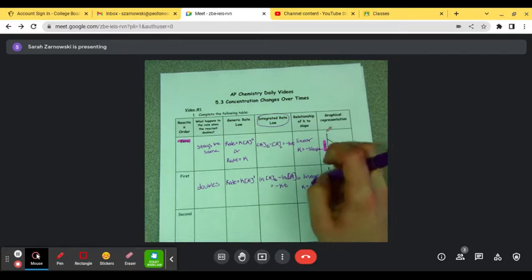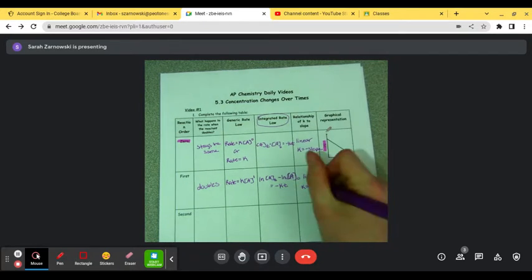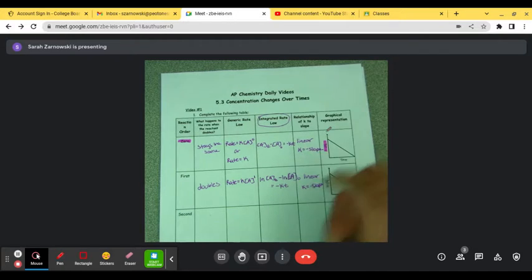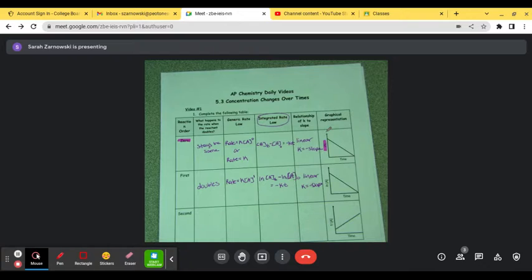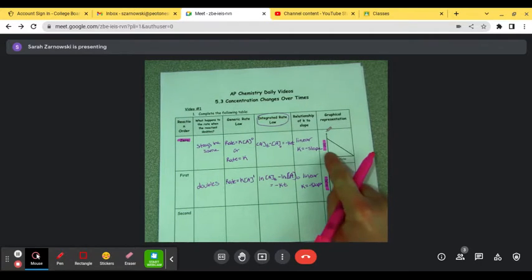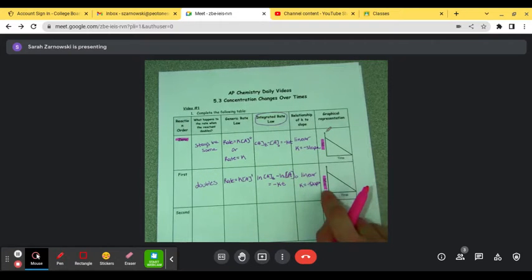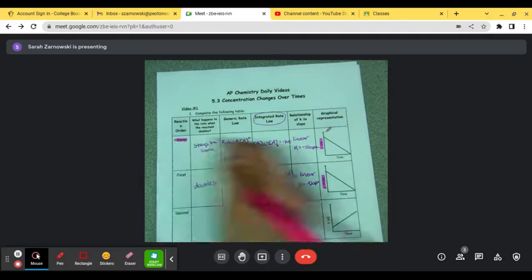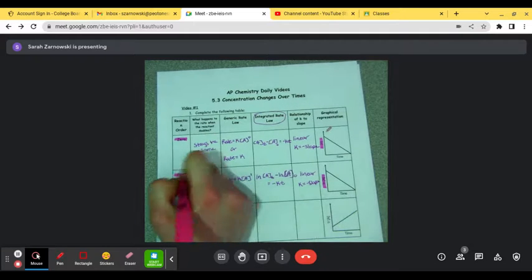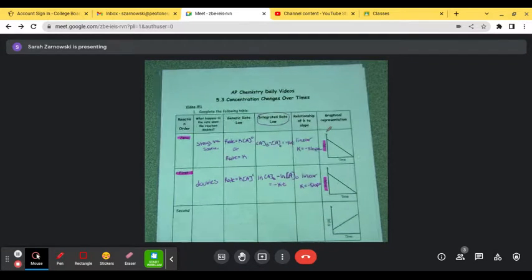So it's the same as the zero order one because it says negative slope and linear. How we would tell the difference as first order is that the units for the y-axis, I don't know if I said x-axis up here, I meant y, the y-axis is going to be the natural log of the concentration. If you see ln of A or ln of B, ln whatever, you're going to have to know that's first order. So that's just like memorization.